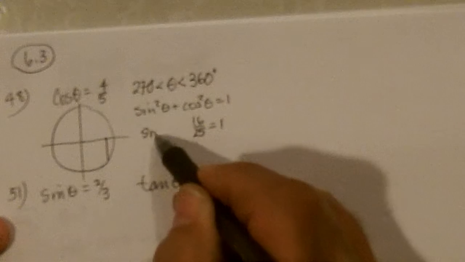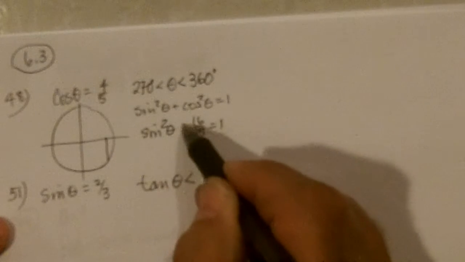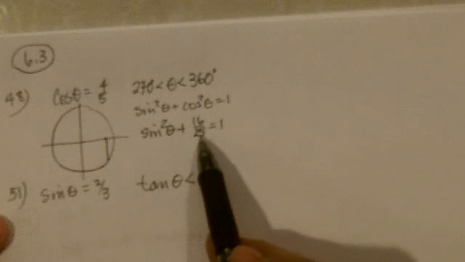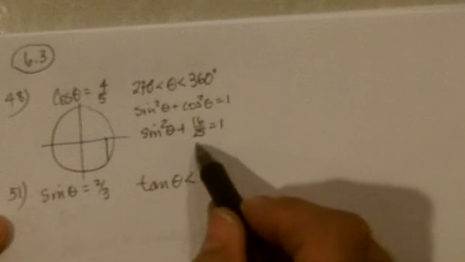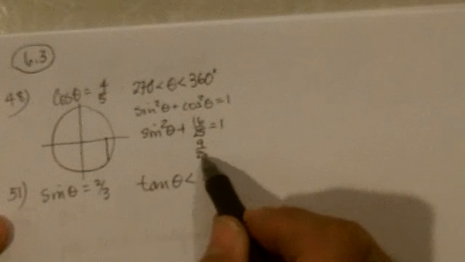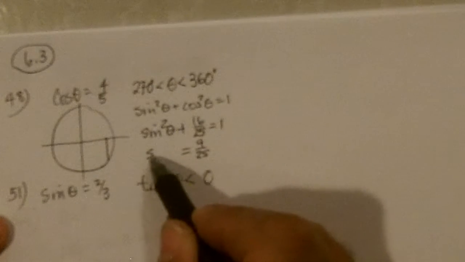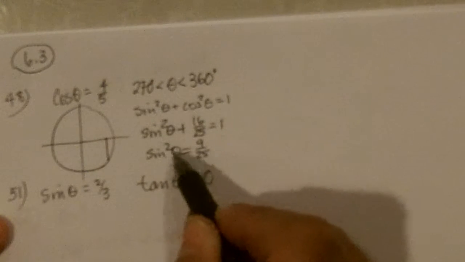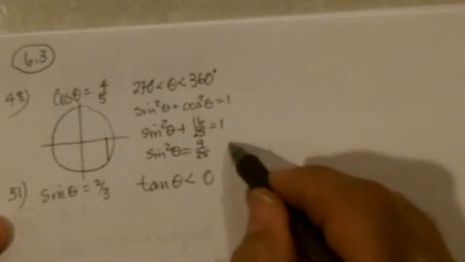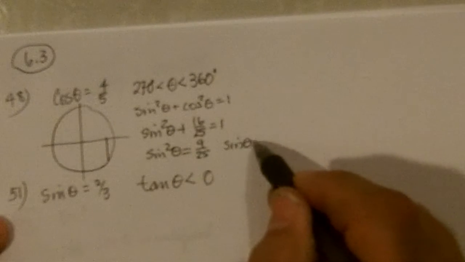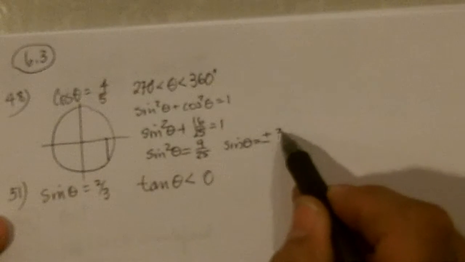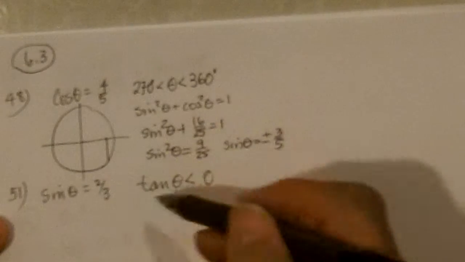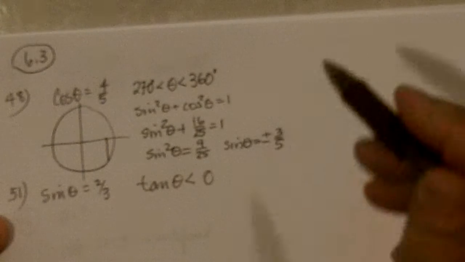And so the sine squared theta has to be, if I take 16/25 from 25/25, I get 9/25 is the sine squared. If I take the square root, the sine of theta has to be plus or minus 3/5, but since I'm down, it has to be the minus 3/5.